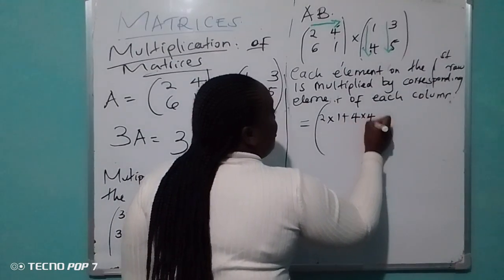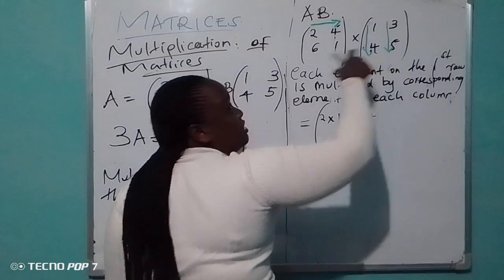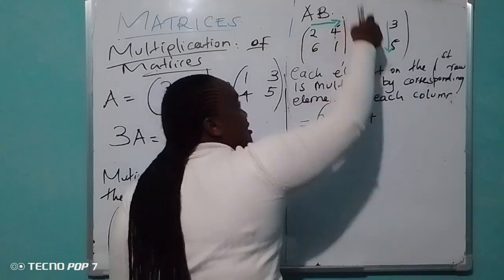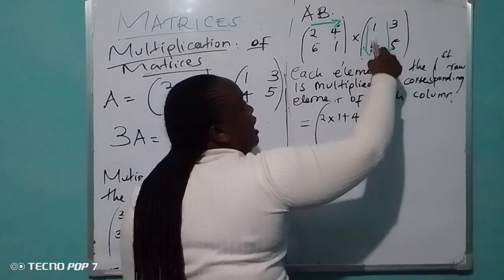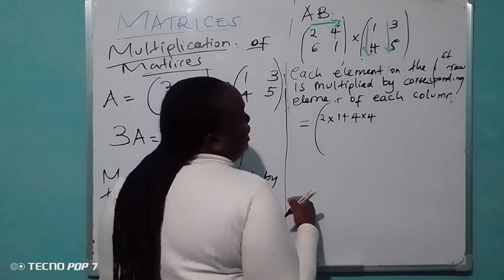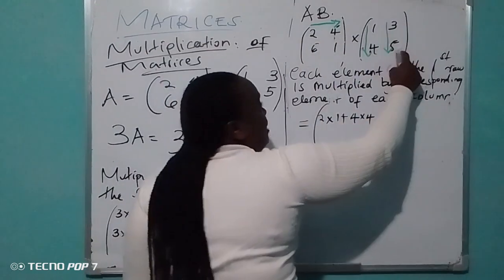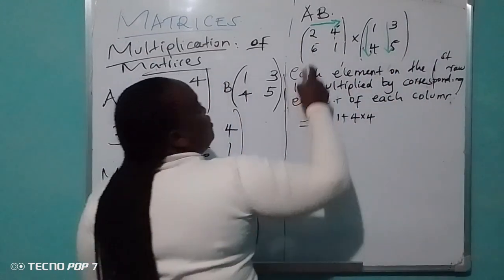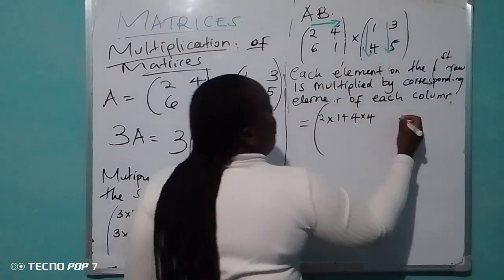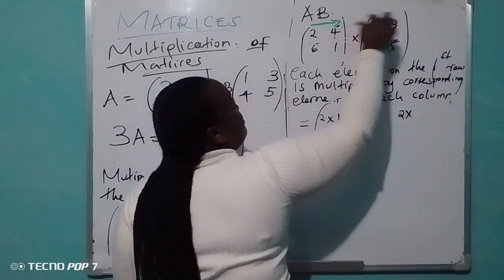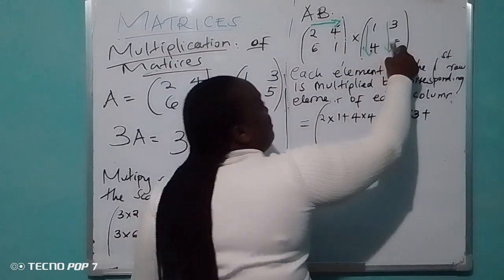Then we continue again with the first row and the second column: 2 times 3 plus 4 times 5.